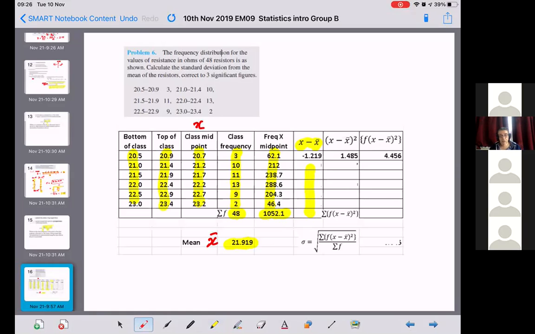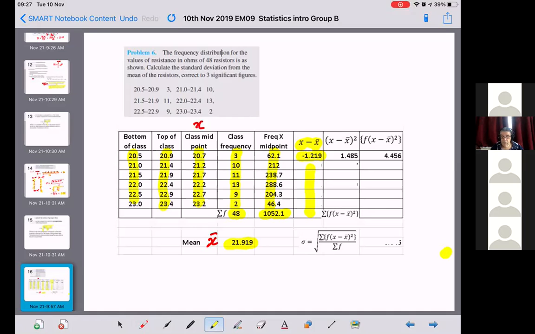So the first one is 20.7, take away the 21.919, equals minus 1.219. That's already shown.